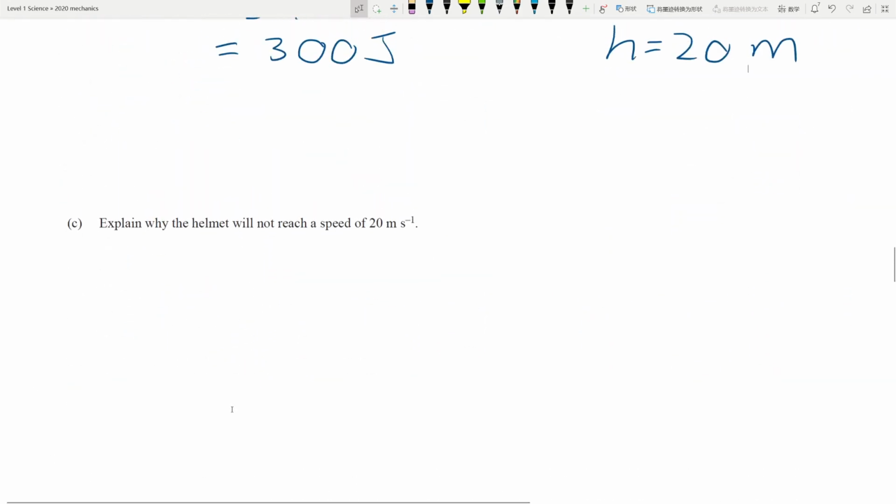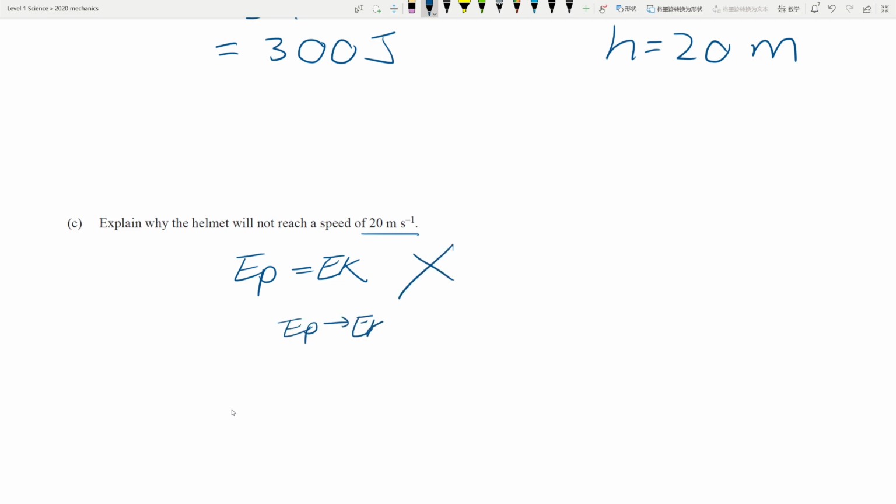Explain why helmets would not reach a speed of 20 meters per second. This is what I meant. In theory, all of my EP is converted to EK. In reality, this doesn't happen, because most of the EP will go to EK, but then you get some sound, you get some heat, and therefore not all of the gravitational potential energy is transformed into EK.